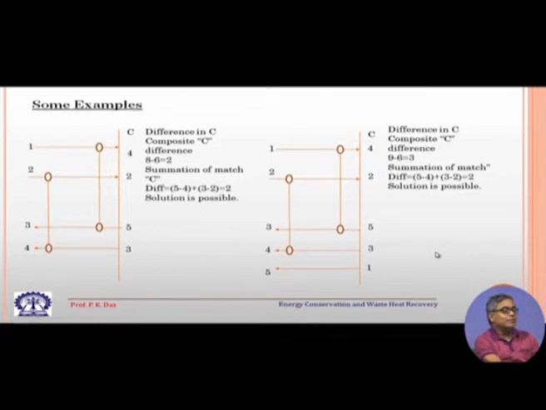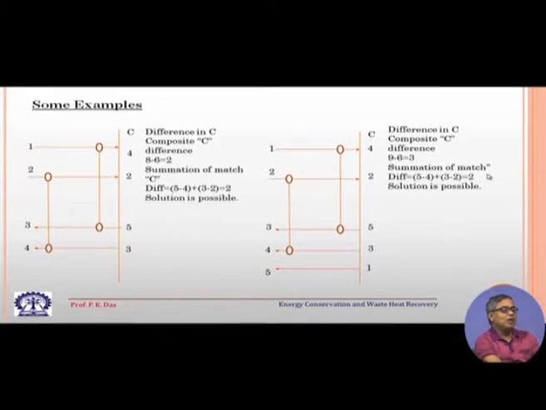And here you see another kind of example we have given, where there are 3 streams on one side and 2 streams on the other. So, the difference in composite C, composite heat capacity rate: 5 plus 3 plus 1, that is 9, and 4 plus 2, that is 6, so 9 minus 6, that is 3.